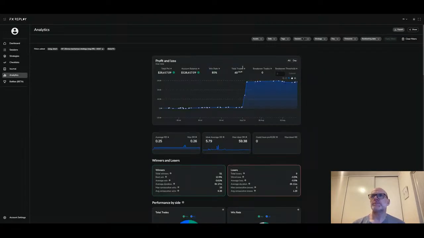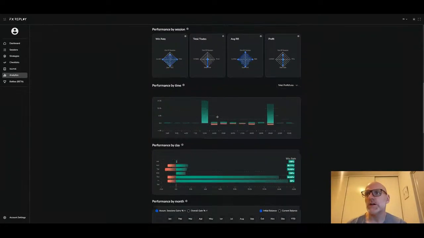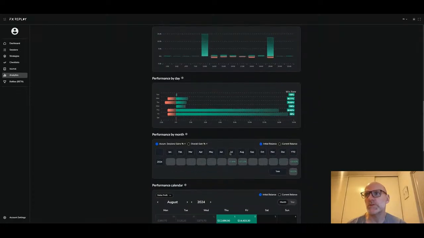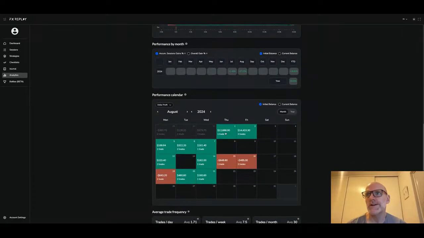85% win rate. Profit, however, we do need to remove a couple of these profits because they were stupid. That was a mistake of mine. So this one and this one actually should be 126 and 143.